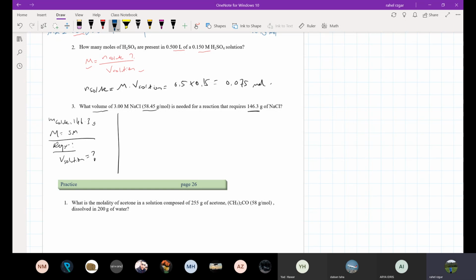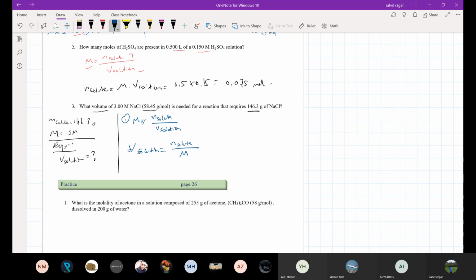If you want to find the volume of the solution and we have molarity, so this was the rule: molarity equals mole of solute divided by volume of the solution. Then if you cross product it and divide again, volume of the solution is equal to mole of solute divided by molarity.